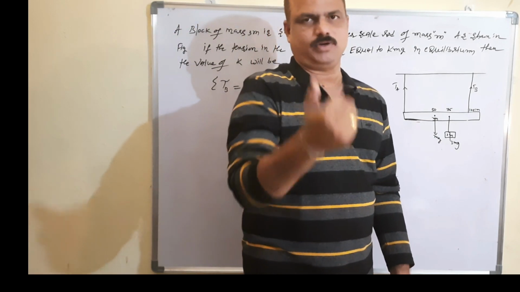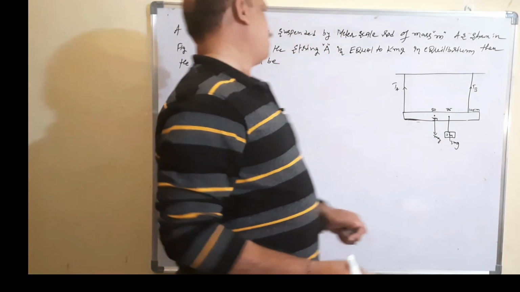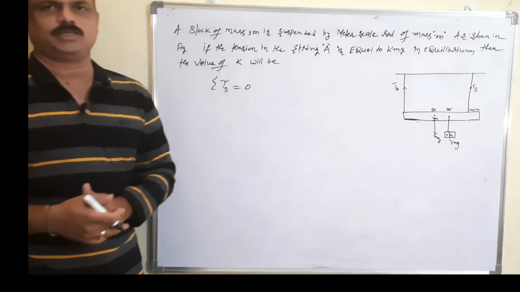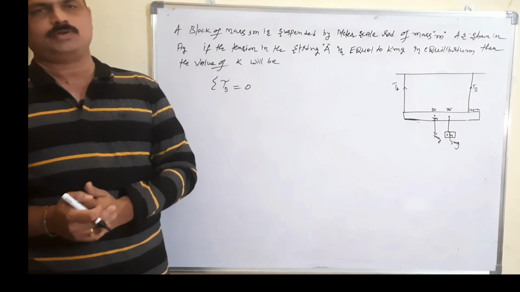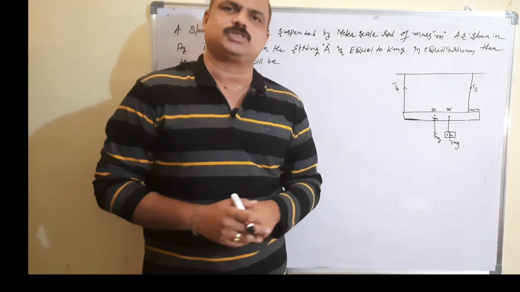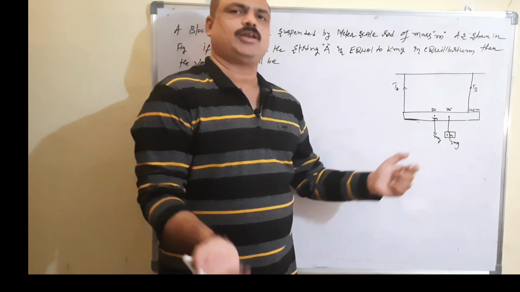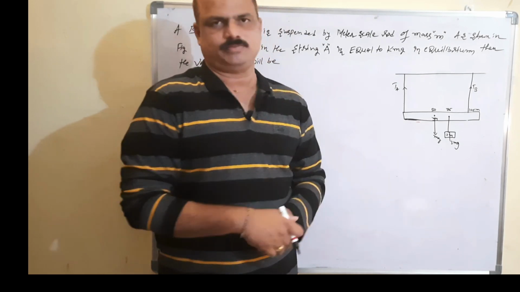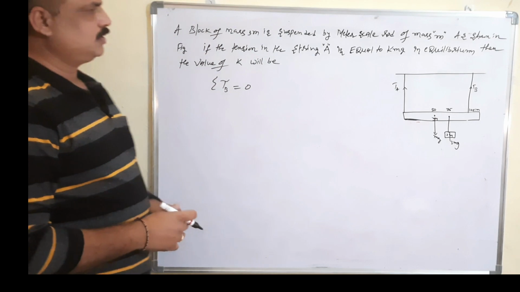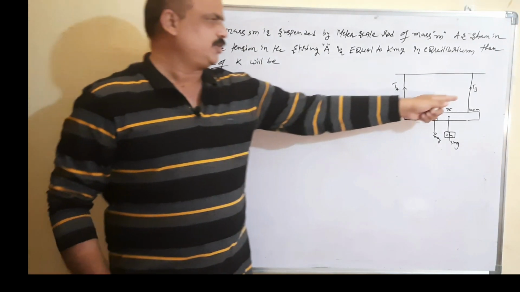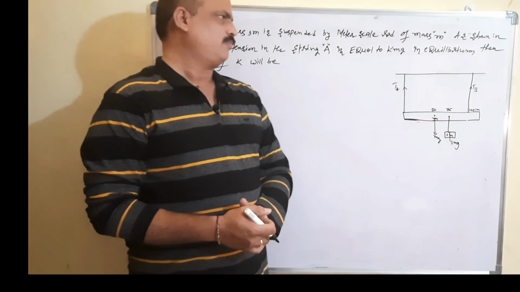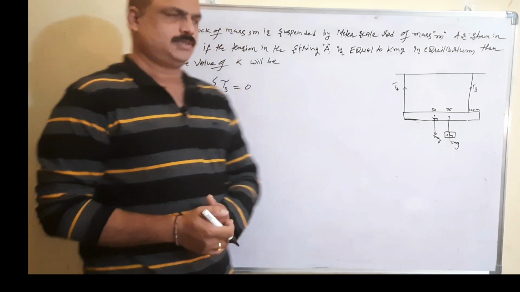The algebraic sum of all torques about a fixed point is 0. Clockwise torques are taken as positive and anti-clockwise torques as negative. So we take a fixed point B, and from that we calculate the torques.